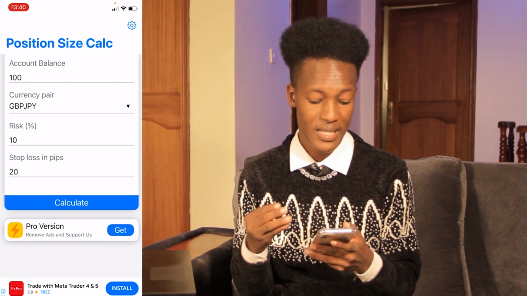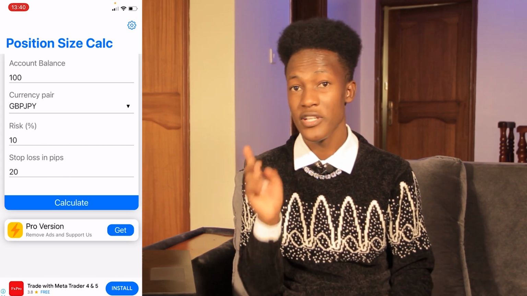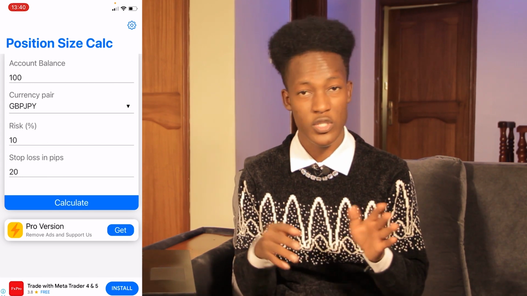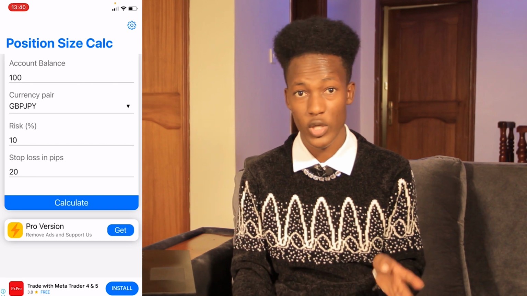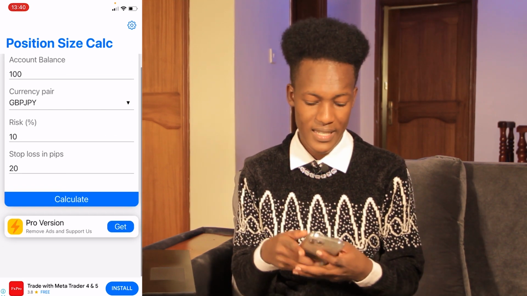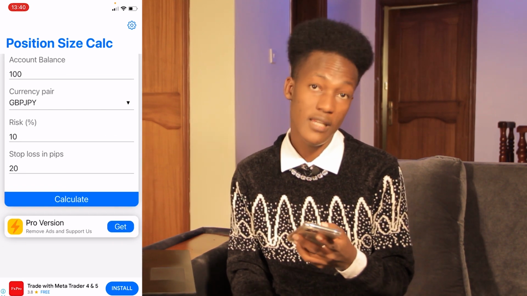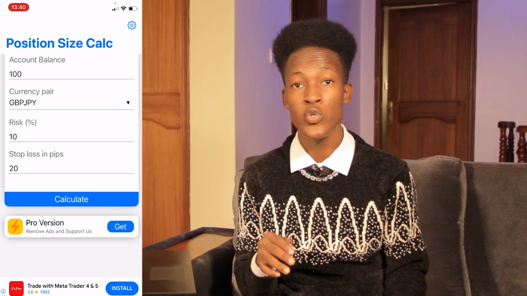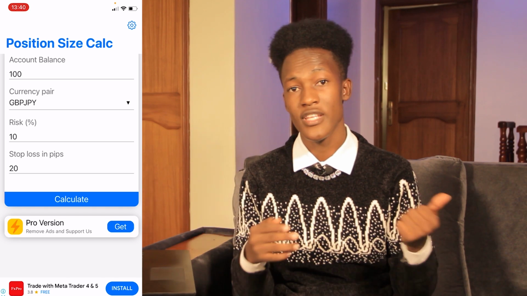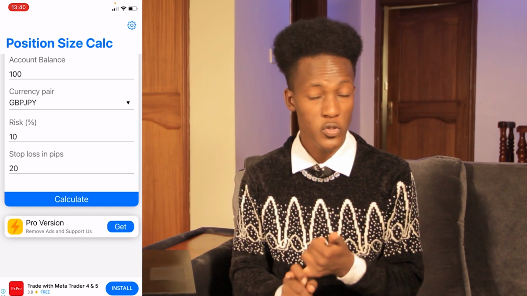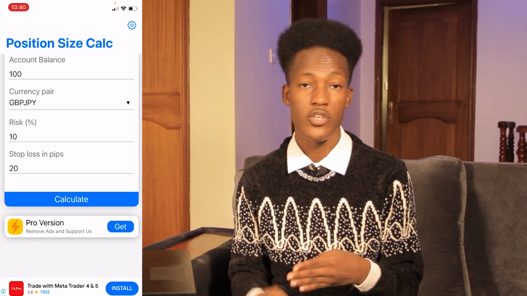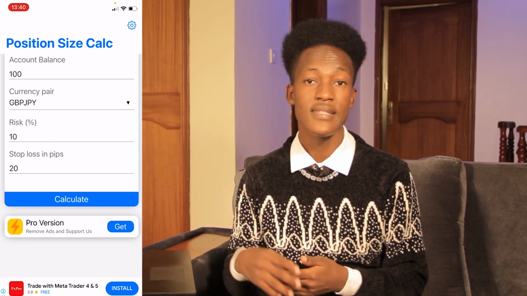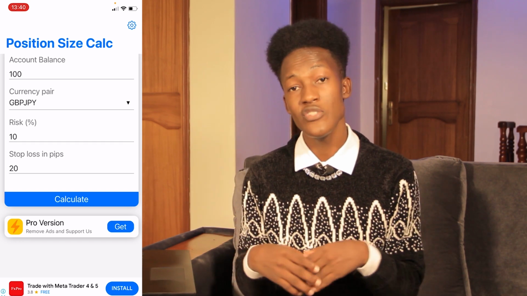The risk is written in percentage form. Now here's what we are going to discuss because this is really so important. For the first case I'm typing in 10% risk, with a stop loss of 20 pips. The stop loss shouldn't be too big, and on the other hand shouldn't be too small. If it's too small, you could get stopped out and all of a sudden see the market pushing in your direction.